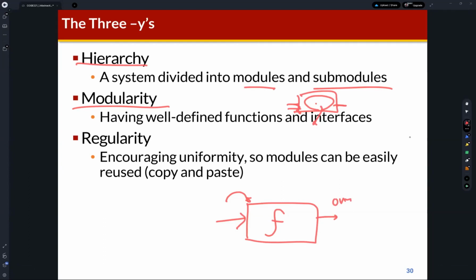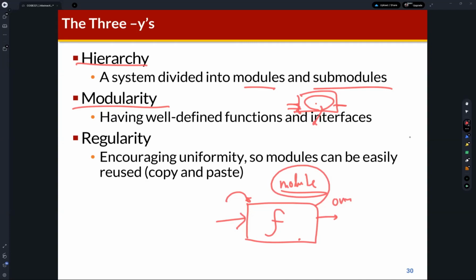This concept is called modularity. So when a module is designed, we need to define the function of the module and its input signals or data and output signals. So we can define a certain unit or module of a digital system like this.